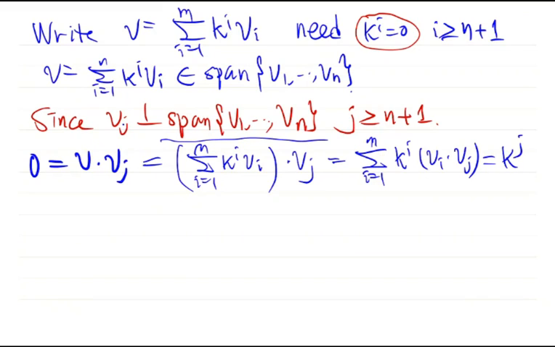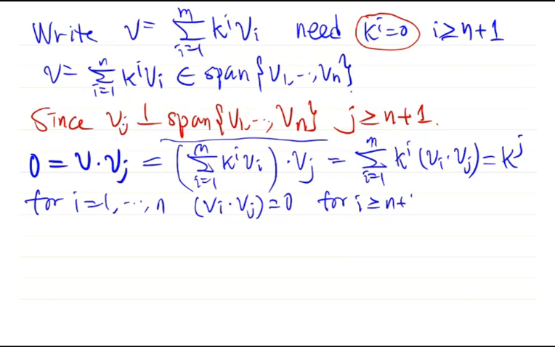Because for i from 1 to n, vi and vj inner product is 0. Okay, and for i greater than or equal to n+1, the inner product of vi and vj is delta ij. That is, if i equals j, then the result is 1.